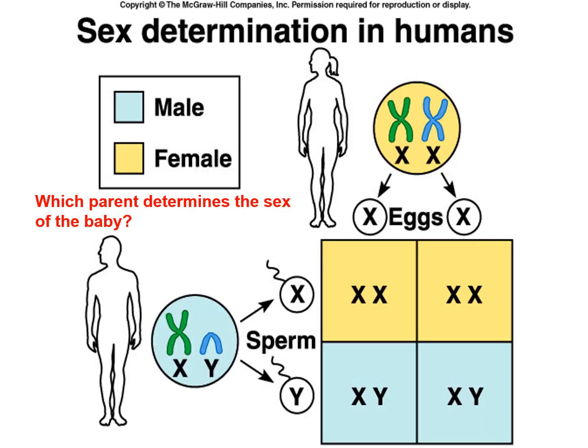All right, so looking at the eggs and the sperm that are produced, notice that the woman, when she produces her eggs, she has 2 X chromosomes. So remember the law of segregation: half the eggs will have 1 X and the other half will get the other X. So the eggs will only have an X chromosome in them. There's no other choice.